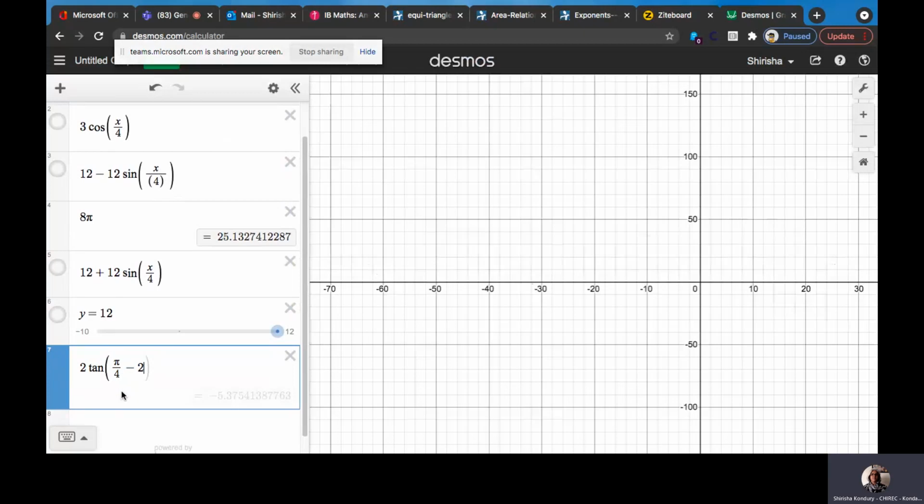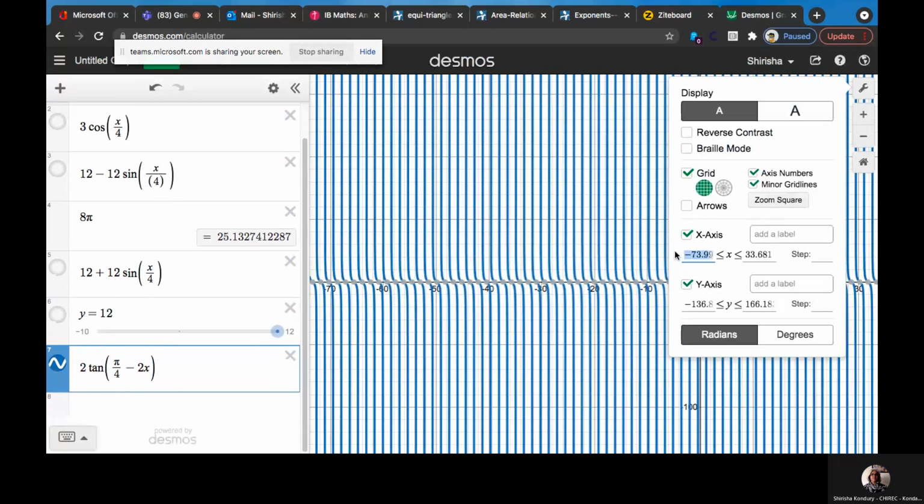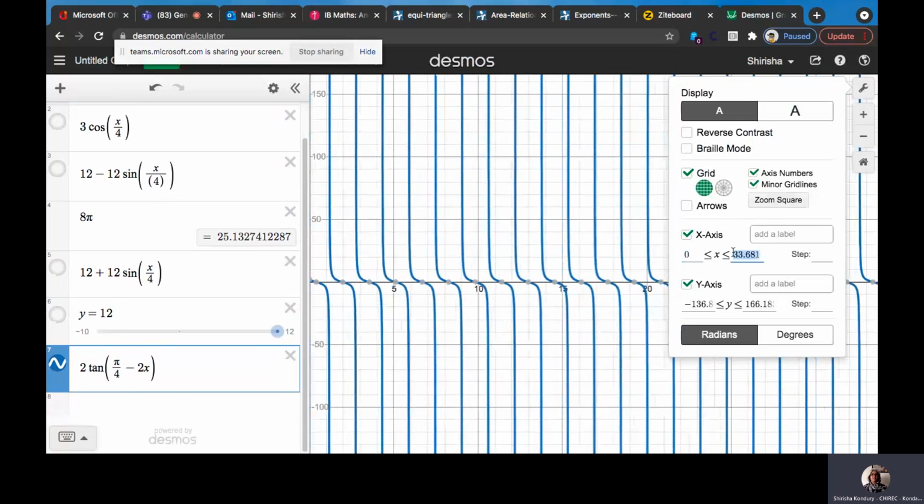And we are going to look at time equal to 0 till it becomes first time 0. So let's only graph till pi.